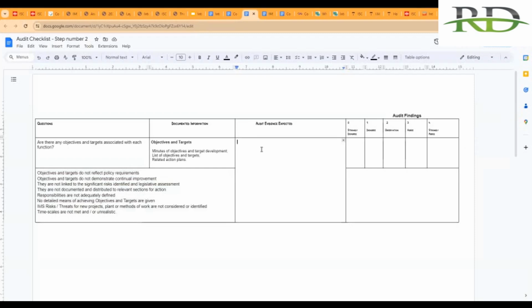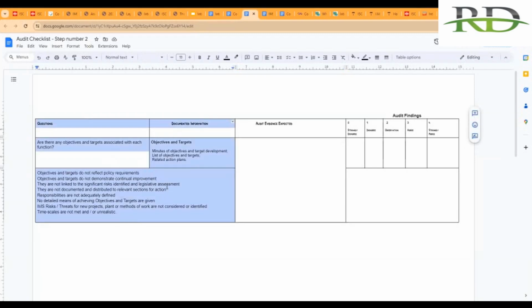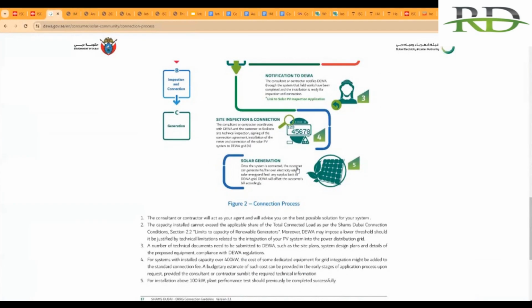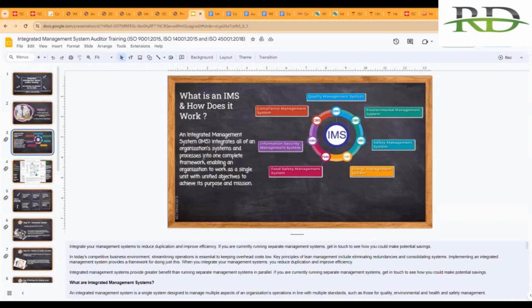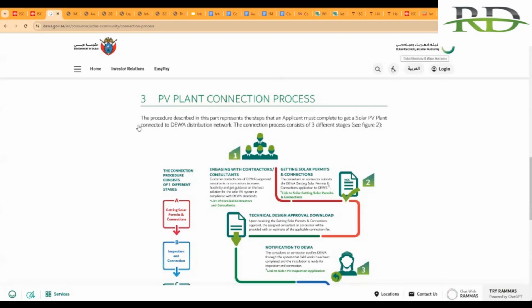We now go to the audit evidence expected. So this is the audit evidence I'm going to gather regarding objectives and targets in this process. As you can see, whenever I'm showing you how to conduct an audit, I'm always saying process, because every integrated management system is actually process based. There's no such thing as applying an IMS to the whole company.